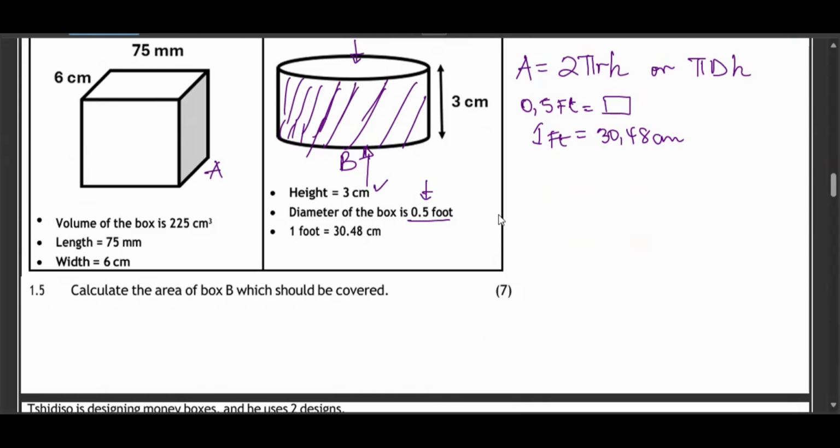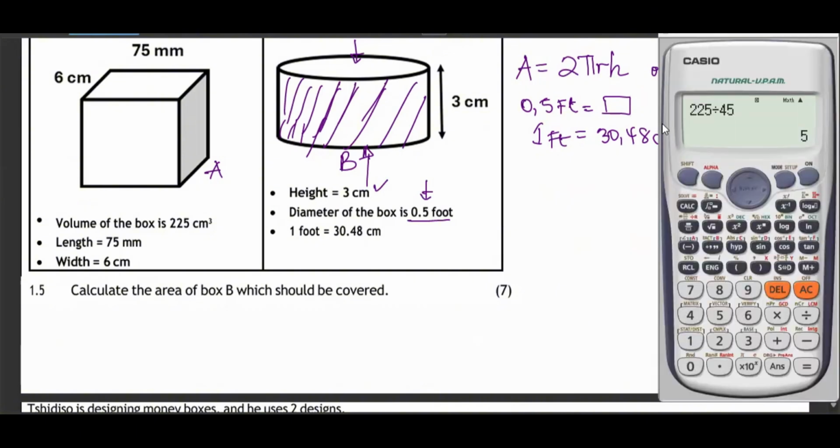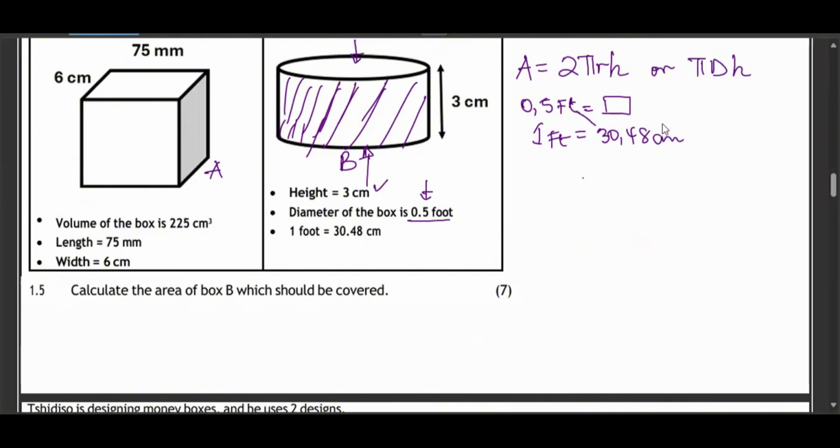So I'm changing the 0.5 so that I have centimeters, which will become so simple. Look, you just cross multiply. This will times with this. This has nothing. That means the number I'm looking for is that.